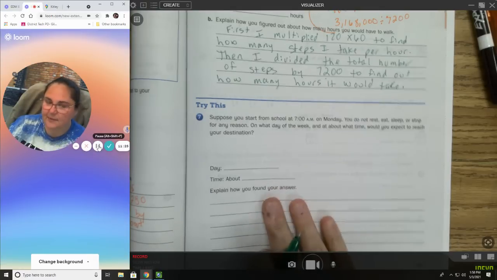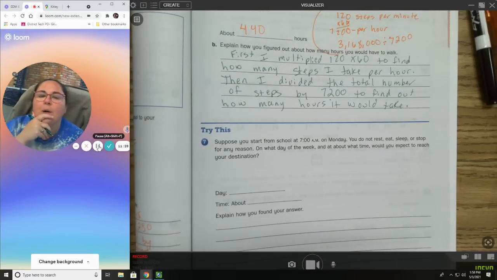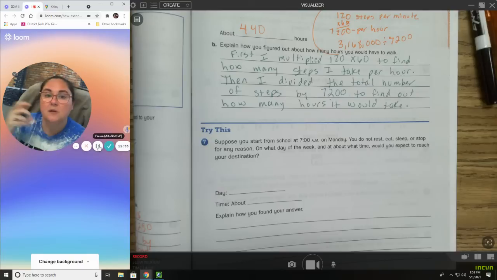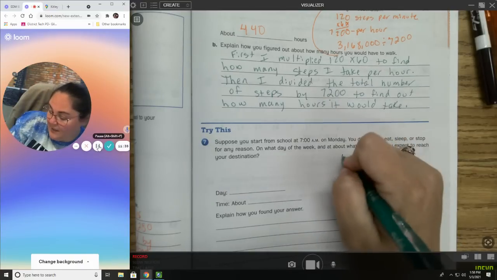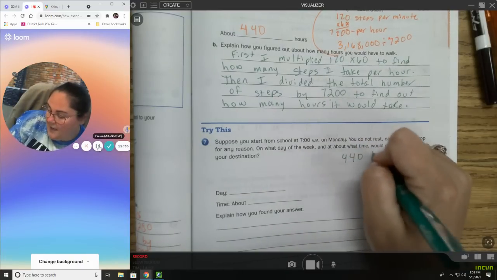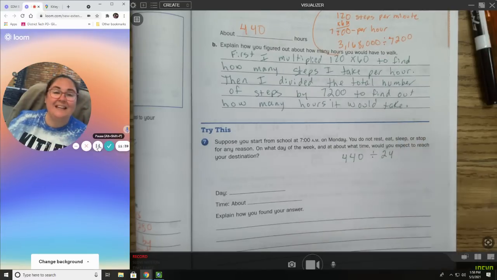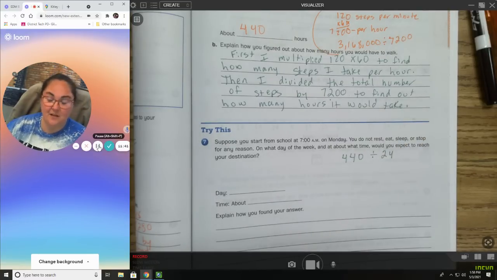All right, so think about this. 24 hours are in one day, right? So I'm going to take that 440 and divide it by 24 to figure out how many days it would take. So start by doing that math. What is 440 divided by 24?